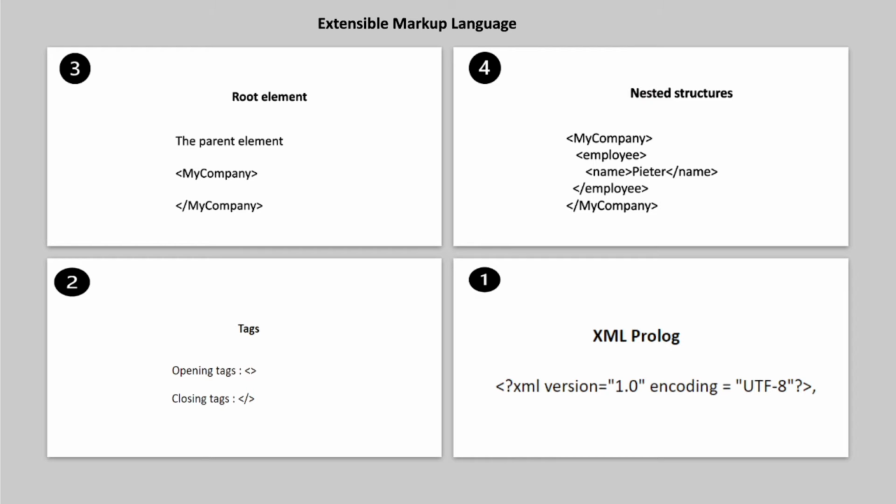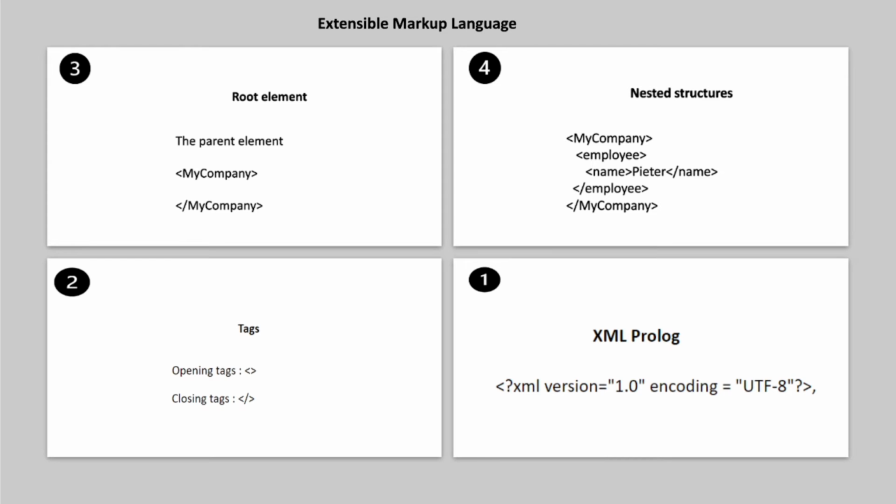The fourth thing is nested structures. So in an XML, we might make use of nested structures. As mentioned in my previous example, in a scenario where we want to write the structure of a company, we know that within a company there are employees and there are other things.